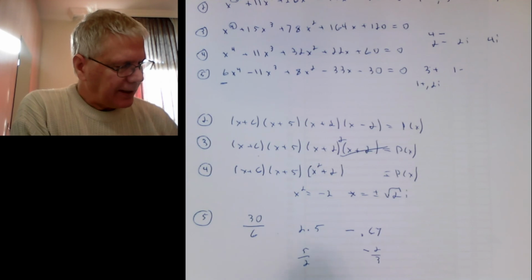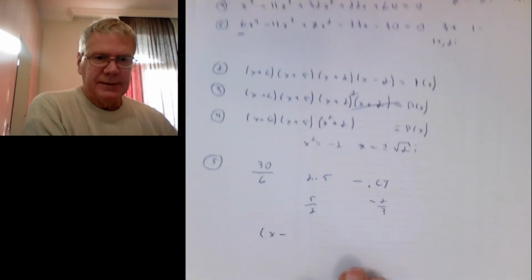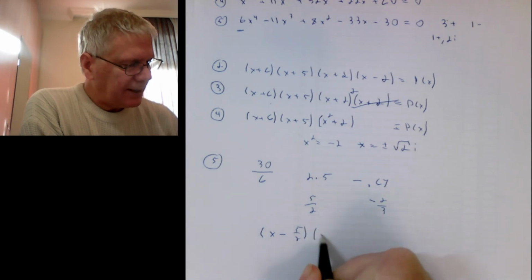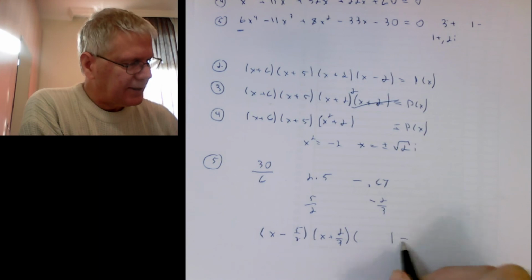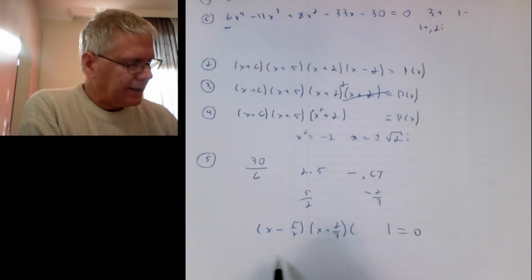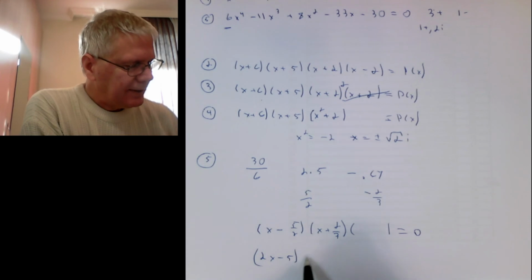The 2 I have are x minus 5 halves times x plus 2 thirds times something is equal to 0. I can rewrite this as, let's see, this could be 2x minus 5. This is 3x plus 2.